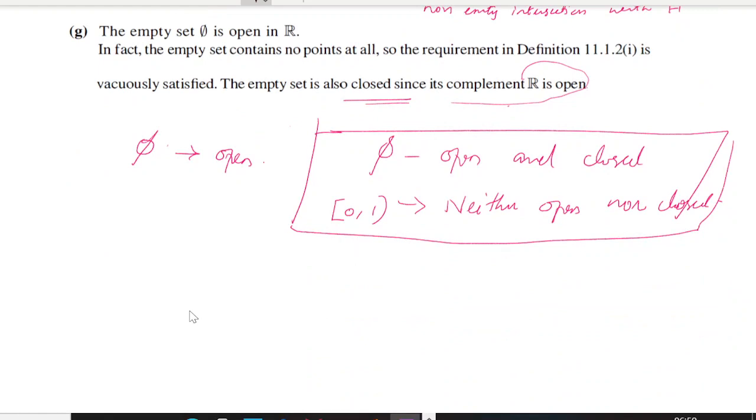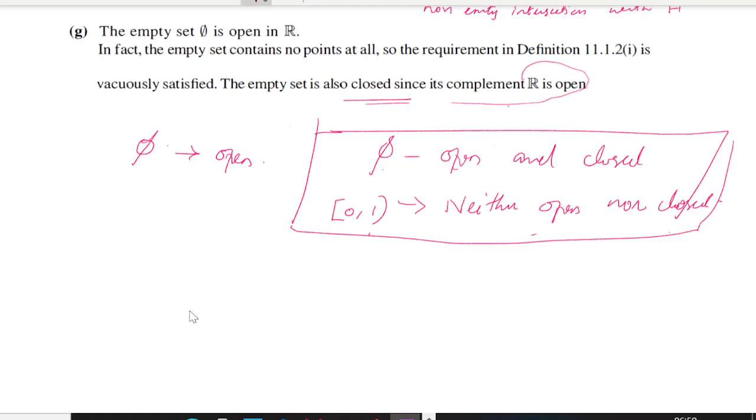But in real analysis, it is not the case. This set is open, also it is closed. This set is neither open nor closed.